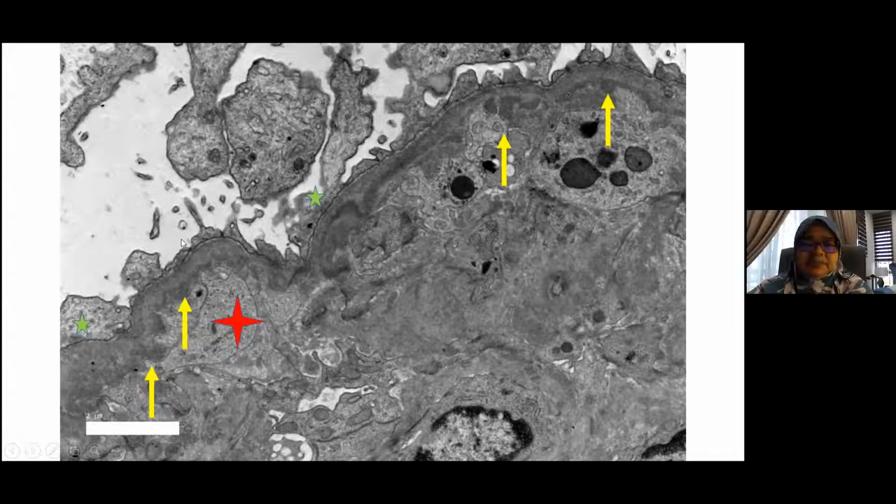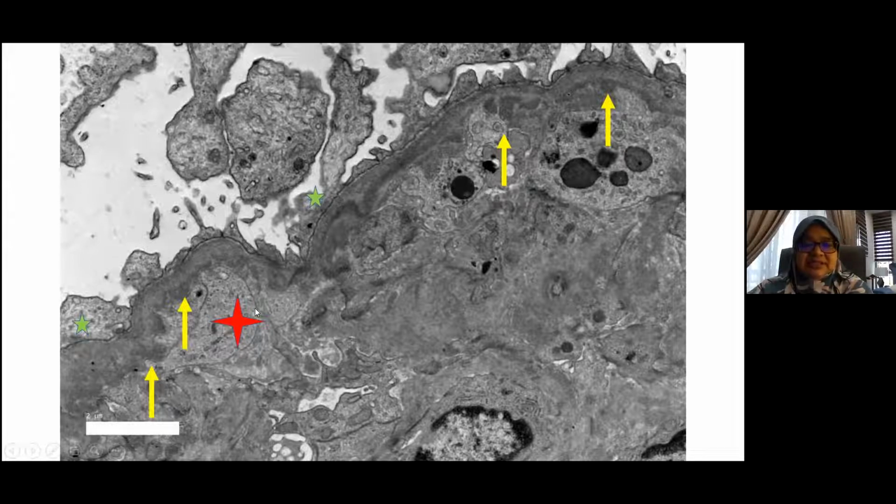Okay, so supposedly the glomerular basement membrane is just this layer, but now this layer is expanded and duplicated, and there is a new layer being produced.